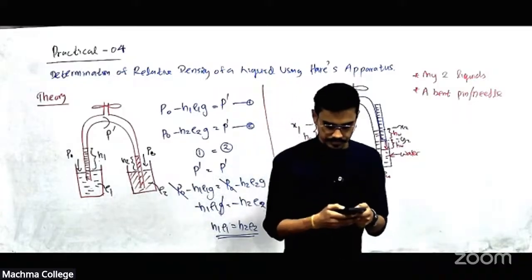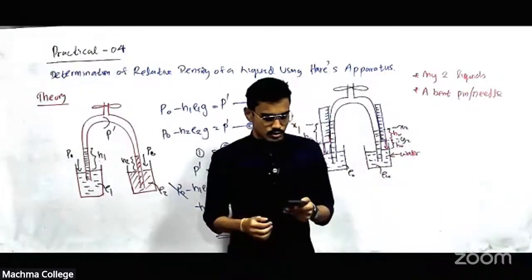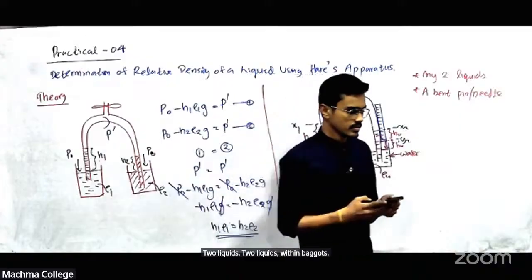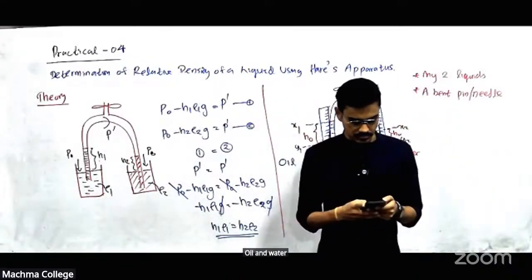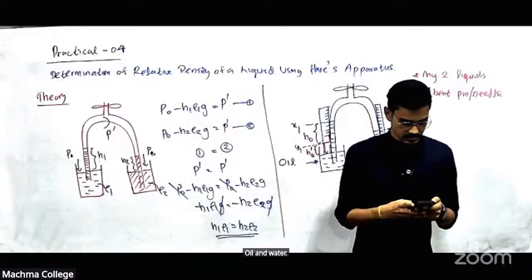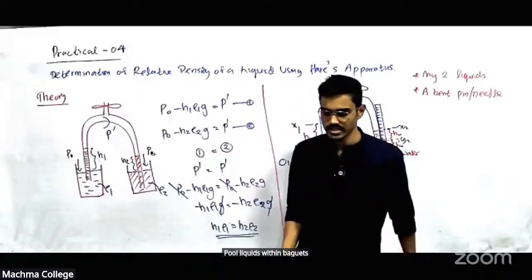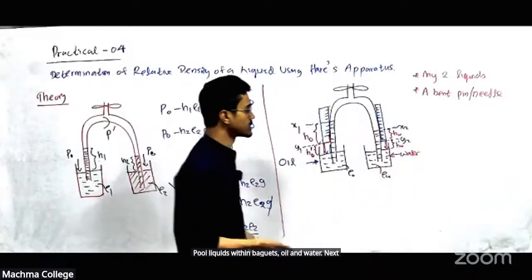Next one, two liquids within brackets, oil and water. Next one, two half-meter rulers.